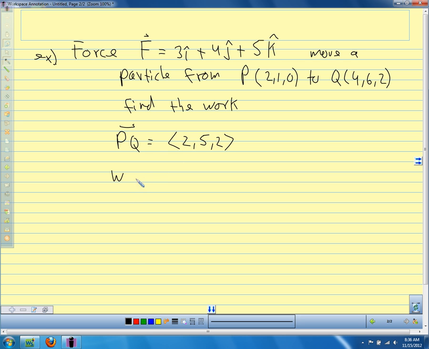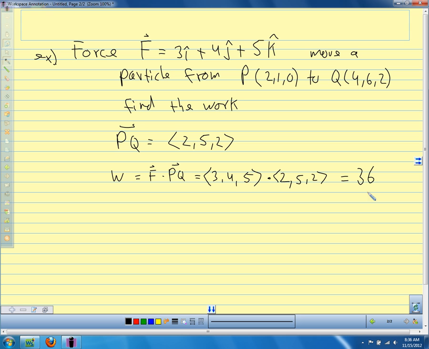So the work is F dot PQ, which is vector 3, 4, 5, and we're taking the dot product with PQ, 2, 5, 2. And we end up with 36.